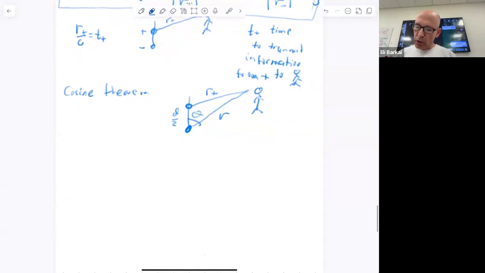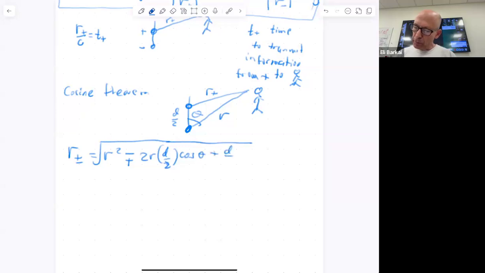And this is very easy because R plus and minus by the cosine rule is r squared, minus plus, because I have both R plus and R minus, I think you remember this, 2r d over 2, of course the 2 will cancel, I just write it in the suggestive form, cosine theta plus d over 2 squared.